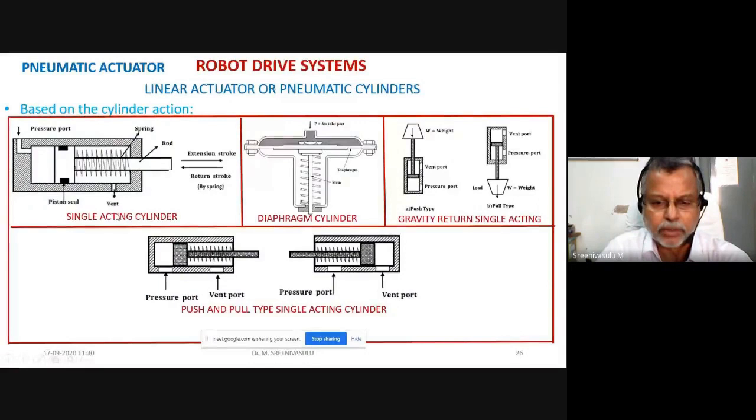Then if you come to this, you have a diaphragm, no piston. When you admit pressurized air through this, the diaphragm is not going to displace, but it is going to expand. Its shape is going to expand.